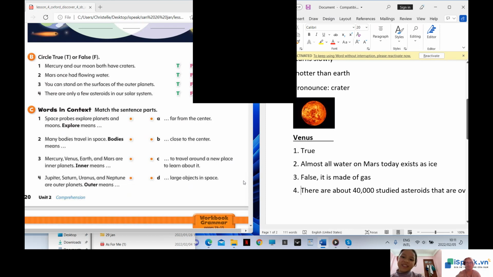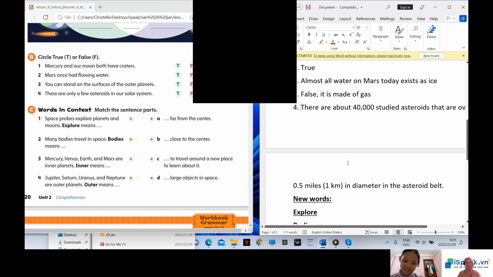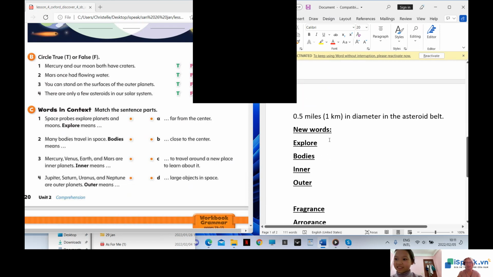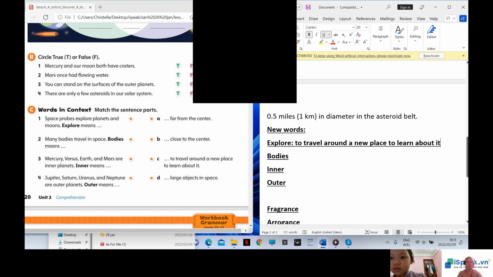No, C. Yes, well done. Explore means to see. Let's write that. Can you read it? To travel around a new place to learn about it. Yes. Very good. Now the next one. What about number 2?